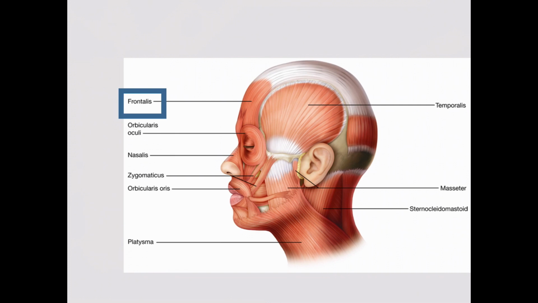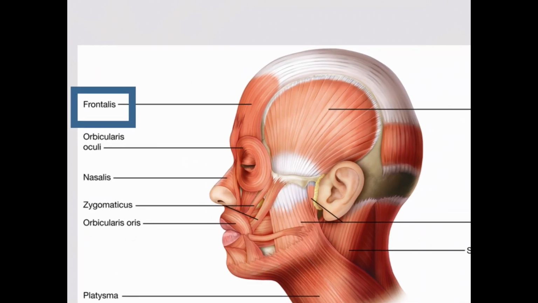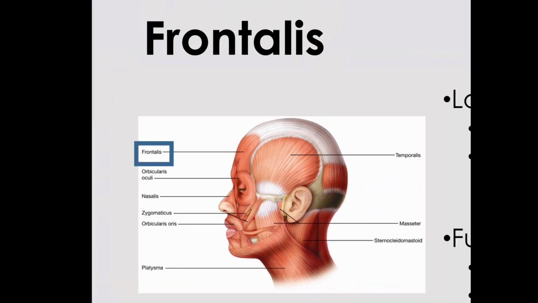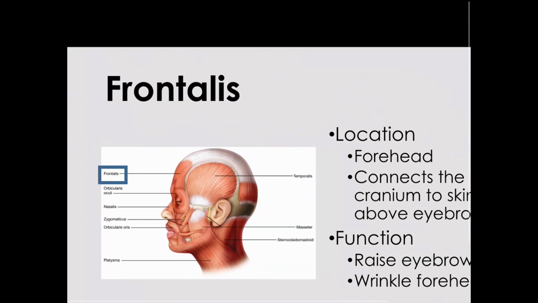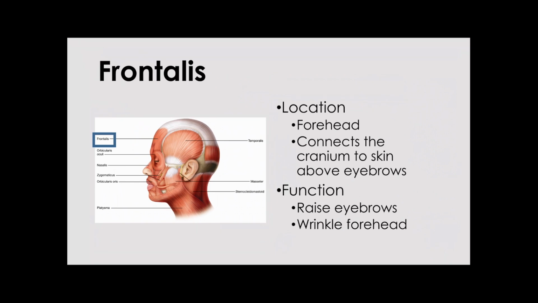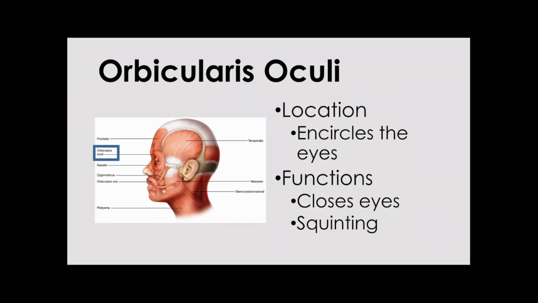And what is it involved in? This helps you to move your eyebrows up and down, mainly up, because when you move your eyebrows down, it's just going back into your normal position. And it causes you to wrinkle your forehead. These are the main 2 functions of your frontalis, but you can see how it makes up a large unit of your forehead.